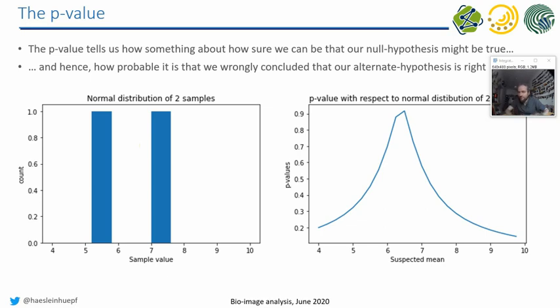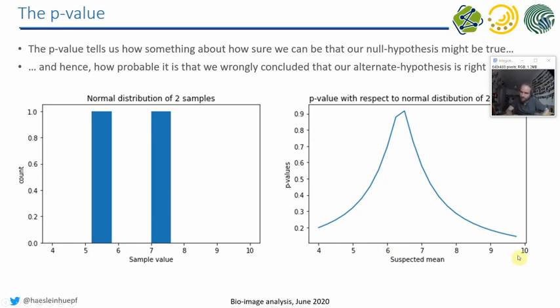If we assume that the mean of these two, something like 7 or 6.5, is the population mean, then we can ask with a statistical test how high is the probability that the mean I assume is actually true. So how high is the p-value of my suspected population mean, 6.5, when I have this sample distribution?